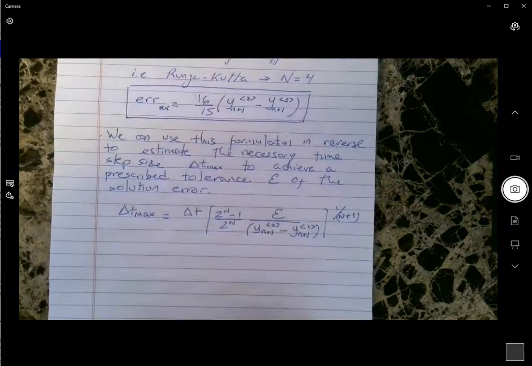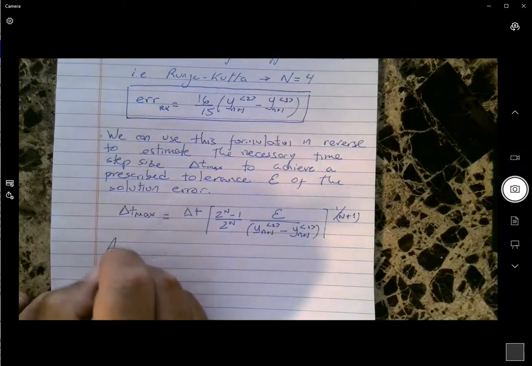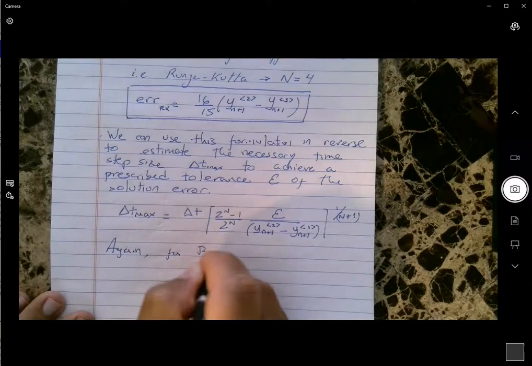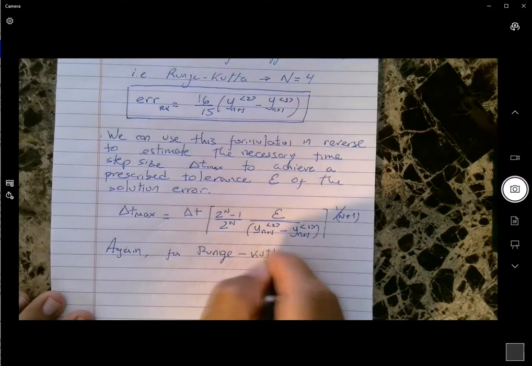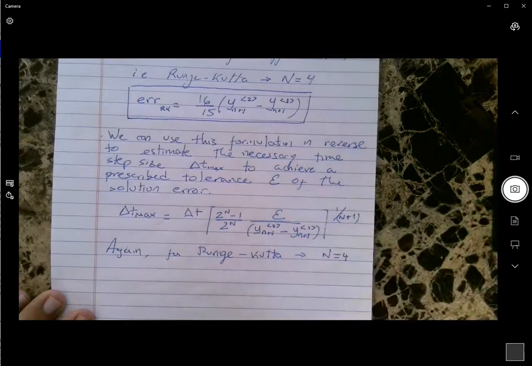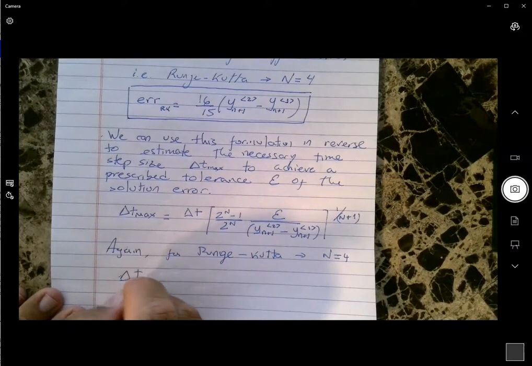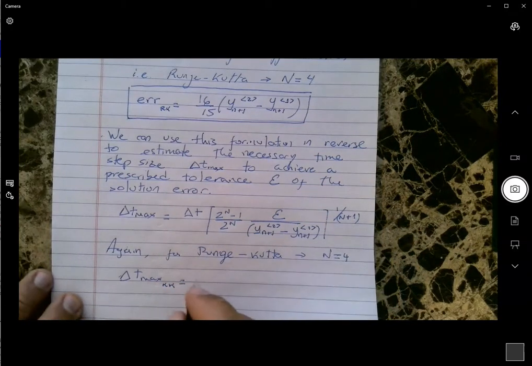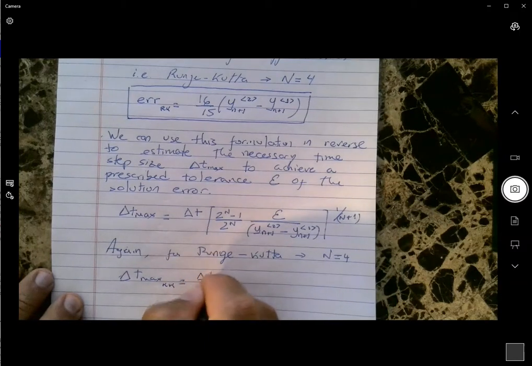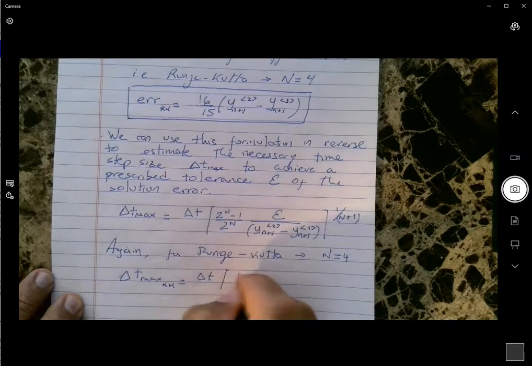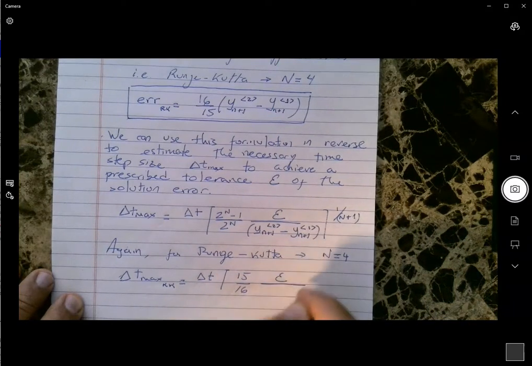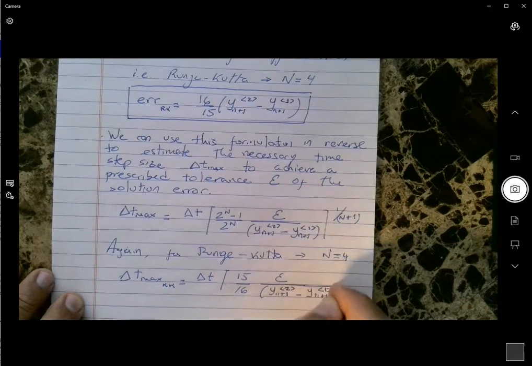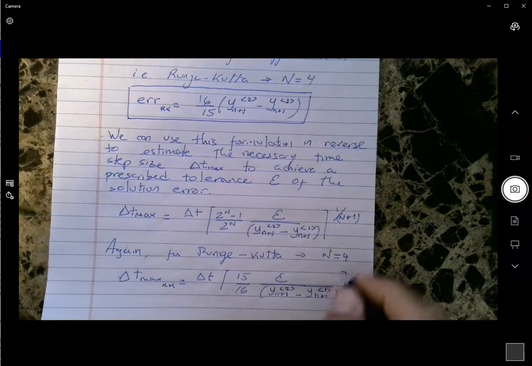Right? So again, for Runge-Kutta, n is equal to 4, and therefore delta T max for Runge-Kutta will be equal to delta T times 15/16 of the tolerance divided by approximation 2 minus approximation 1, all of these to the power of 1/5.